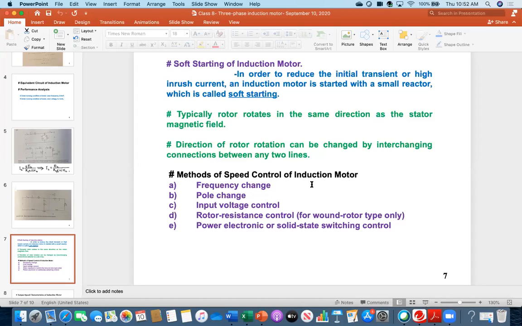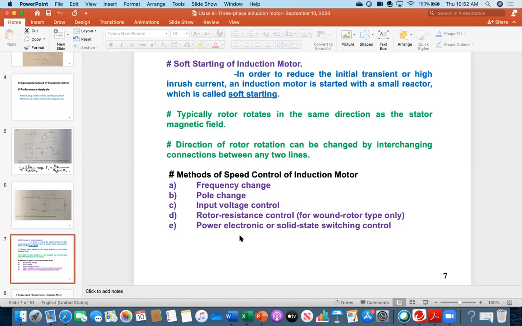Speed control is very important for any motor, not just induction motor: simple DC motor, synchronous motor, or any type of motor. Currently, because we are dealing with the three-phase induction motor, how can we control its speed?